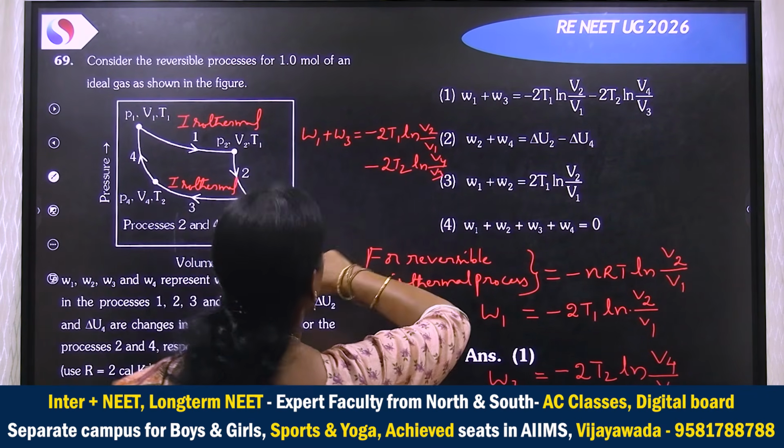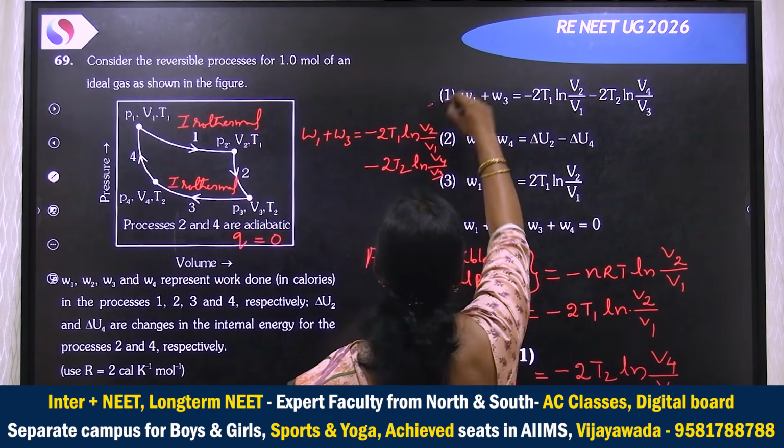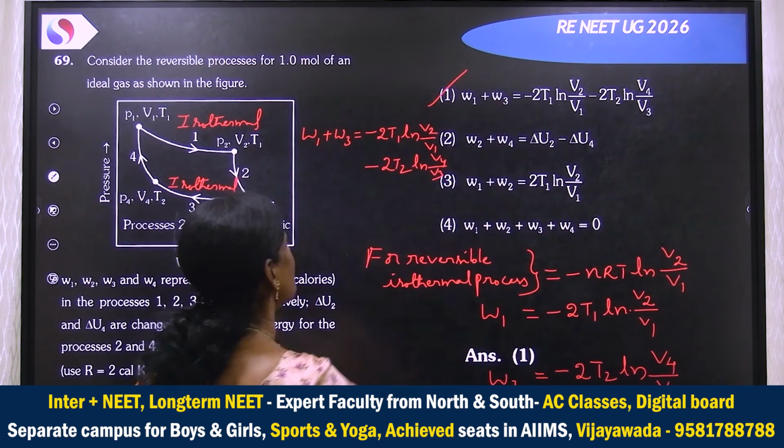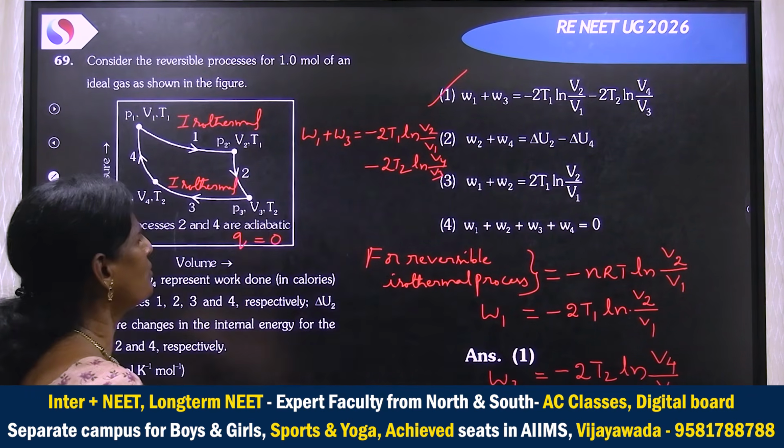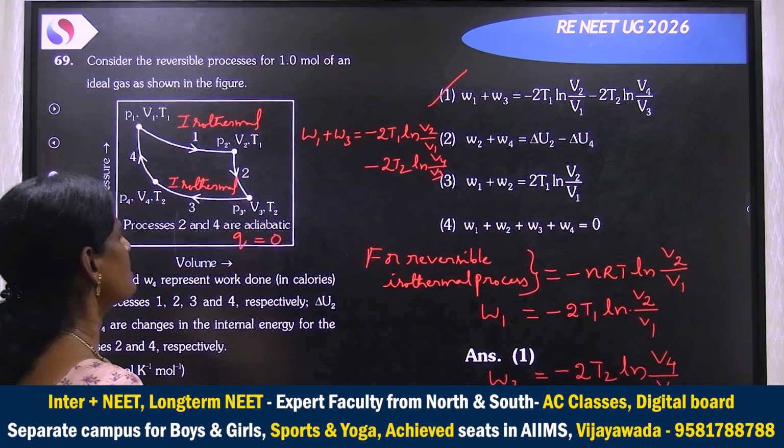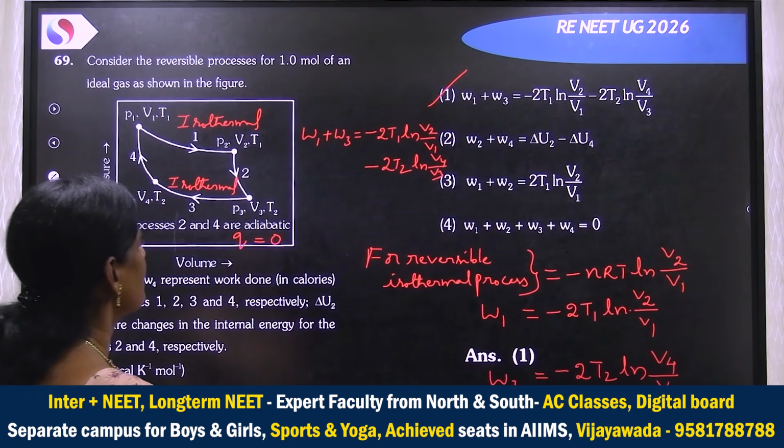So the first option is the correct one. And the second option is given as W2 plus W4 equal to delta U2 minus delta U4.